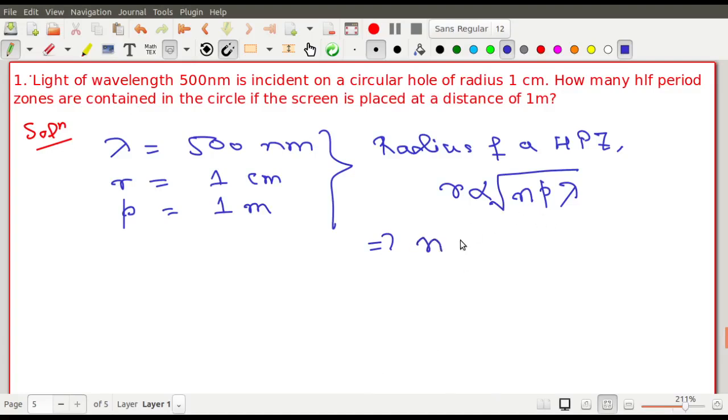So let me just calculate this n, my idea will be clear. Find n from here, then the work is done. This was rn square. So this one is your rn square.